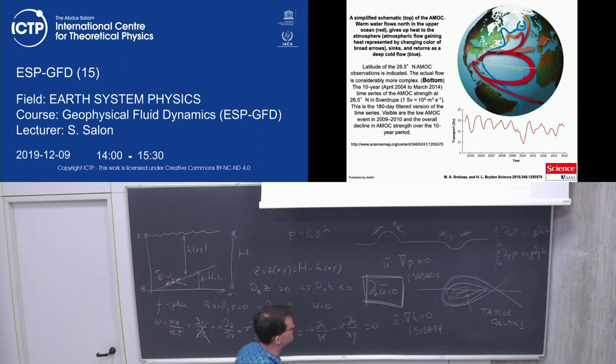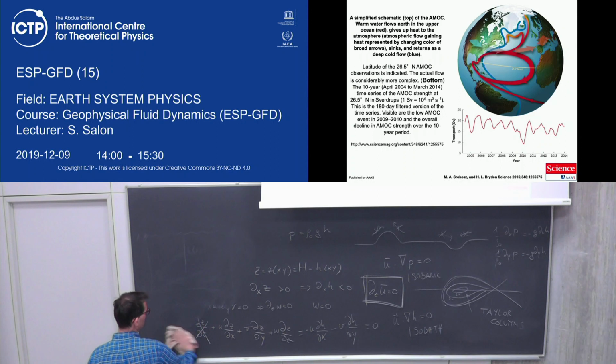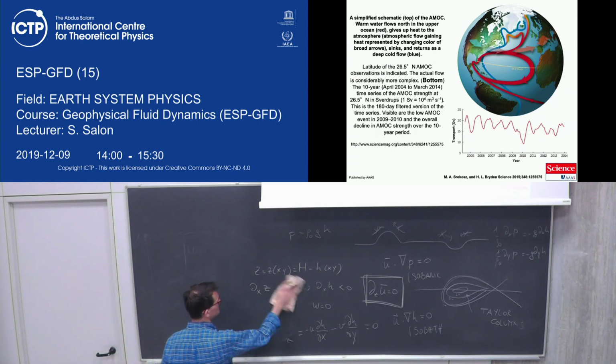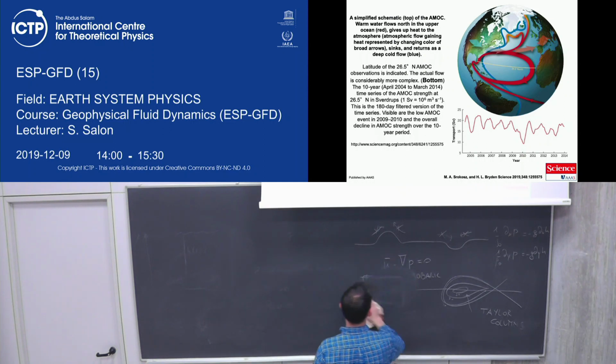Never for geostrophic flows. Good. Okay, so now we may be quite satisfied with the geostrophic flows, but we can move a little bit further and try to relax the strong hypothesis that we made for the geostrophic flow.